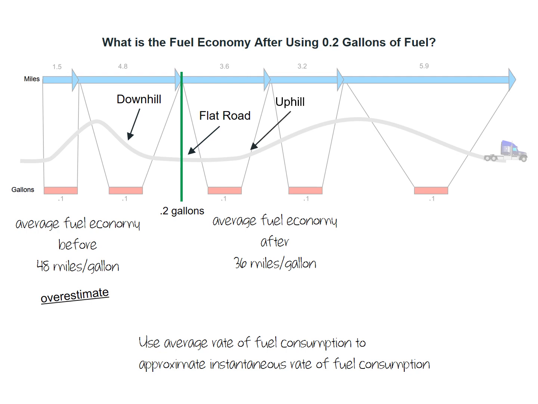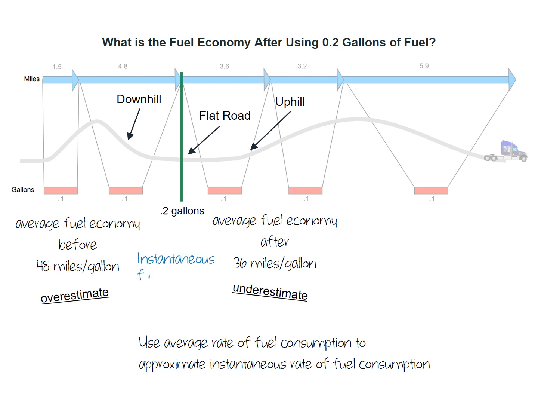Right after the 0.2 of a gallon mark, the road has a bit of an uphill. This tells us that the truck should be traveling a smaller distance for each gallon of gas. This tells us that the average rate of fuel consumption right after the 0.2 of a gallon mark is an underestimate of the instantaneous rate of fuel consumption at the 0.2 of a gallon mark.